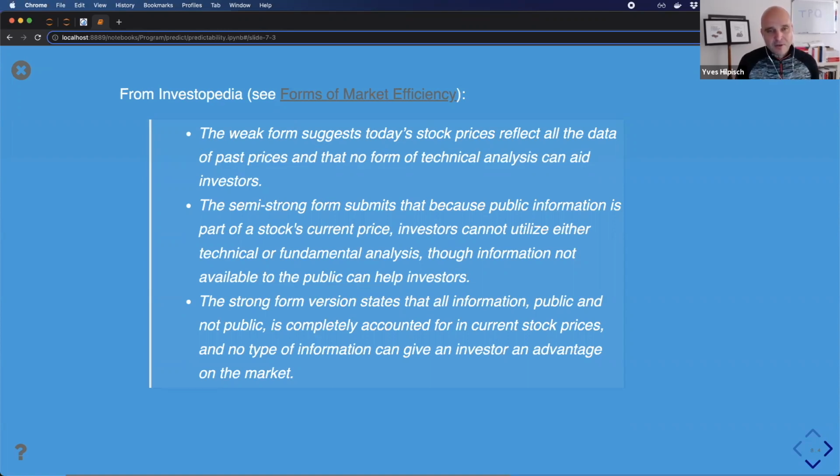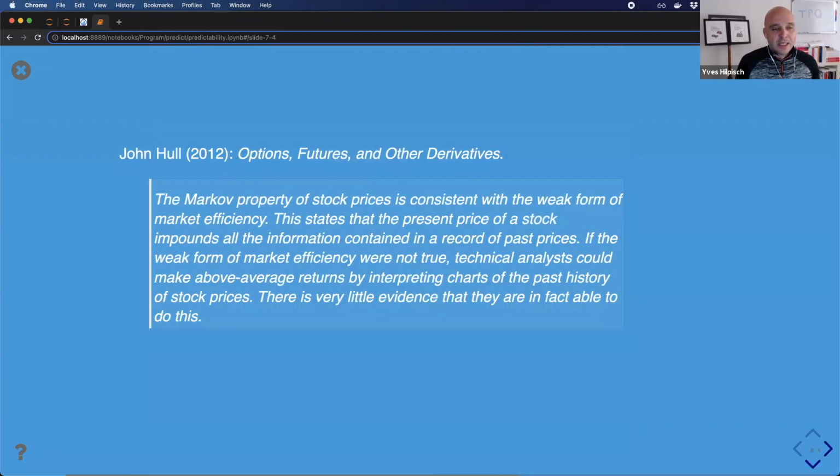So even if these theories were formulated a long time ago, when all these mechanisms weren't available, I think we now have a clear technological understanding of how this might work in the real world. Also here, the Markov property of stock prices is consistent with a weak form of market efficiency. This states that the present stock price impounds all the information contained in a record of past prices.